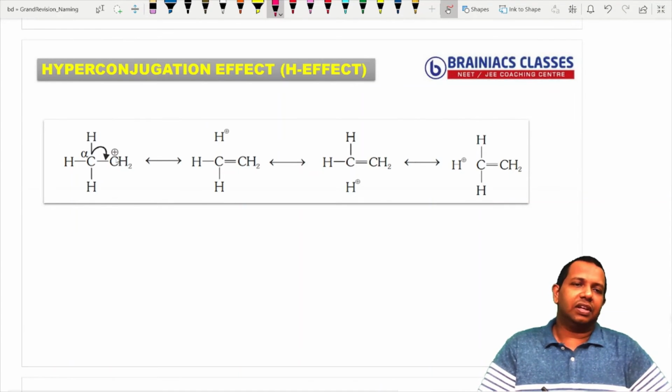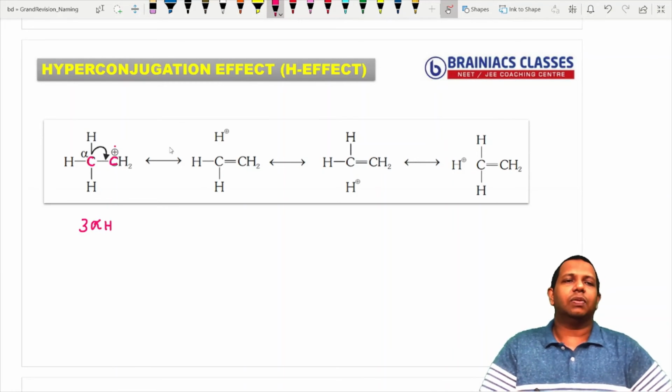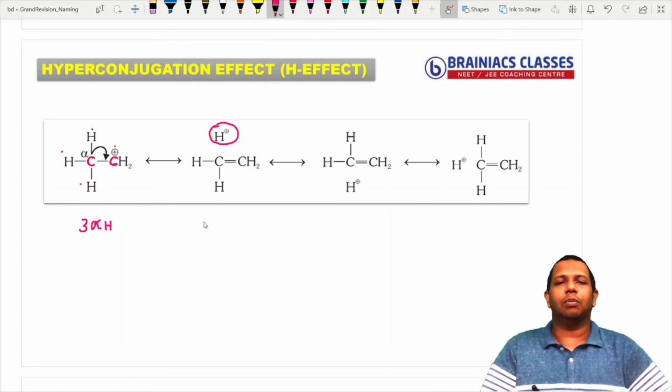Now you can see here a carbon that has what charge? Positive charge. Then we need to check whether there is a carbon nearby or not. Yes, that means an alpha carbon is there. Then check whether hydrogen is present in that. Yes, 3 hydrogens are there. So I can say this carbocation is stable by 3 alpha hydrogen. Now what will happen? Any of these hydrogens can leave as H plus. When the first hydrogen leaves as H plus, this bond will move into this and you will get a compound like this.